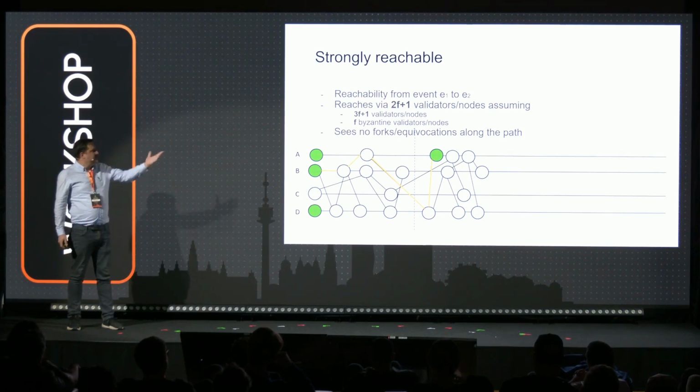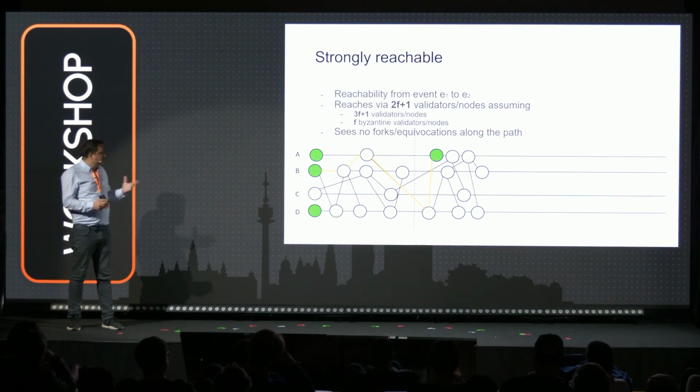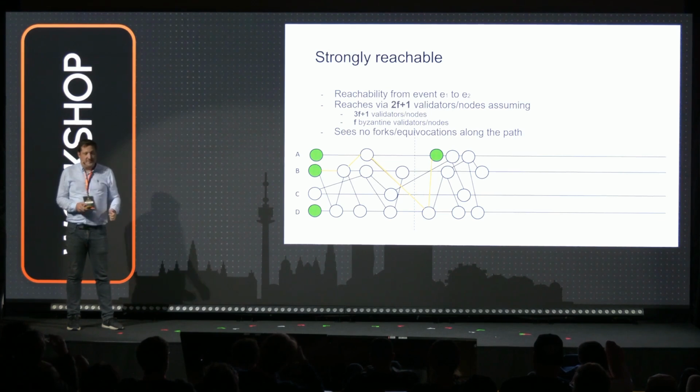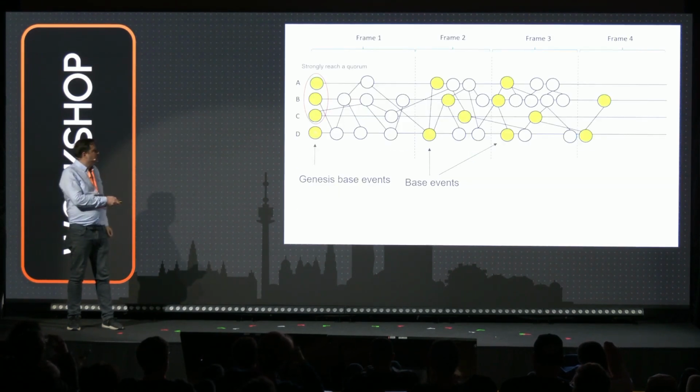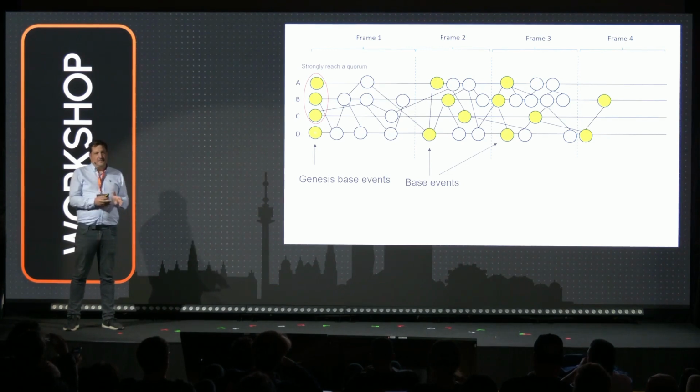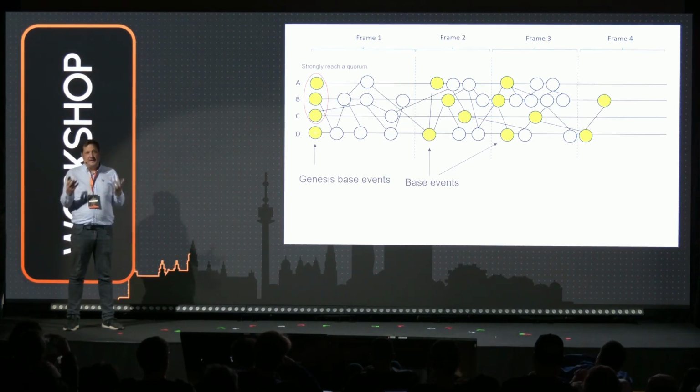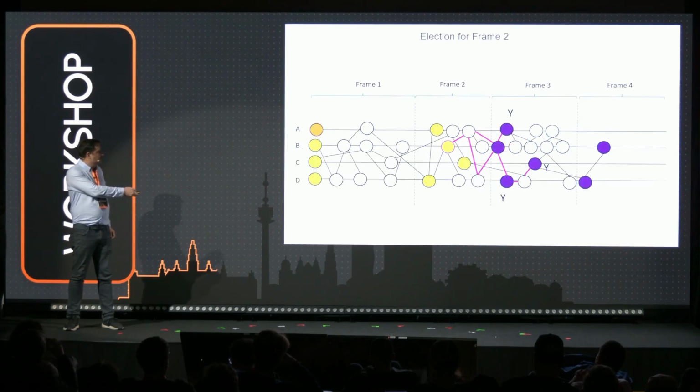And when we see that another event can go through a quorum of validators and it doesn't see any forks or equivocations, we can say that this event strongly reaches these previous events. And we use this to layer the DAG into several layers, and these layers form the basis of our election, which we'll look at next.